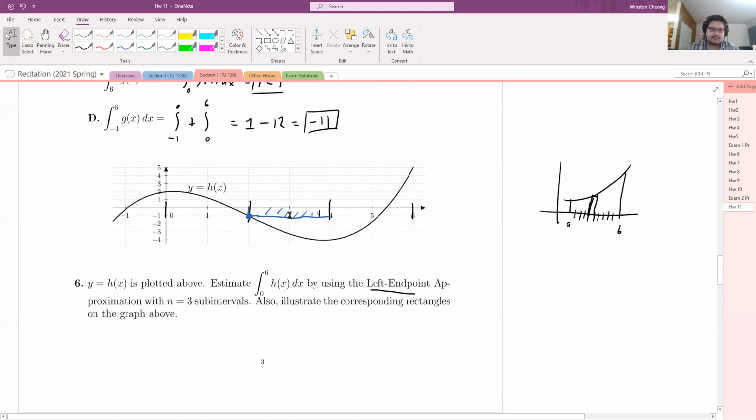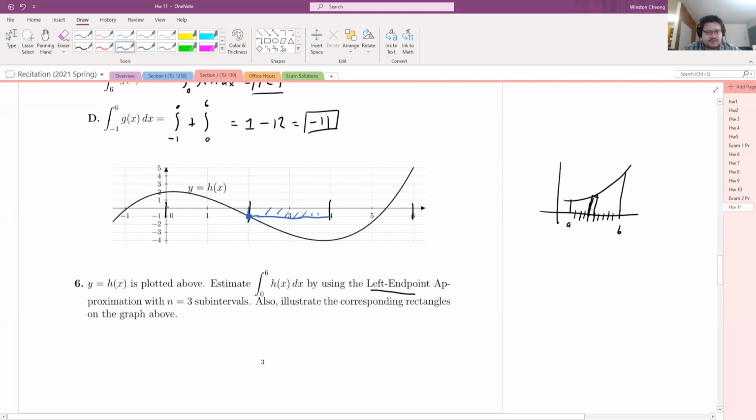So from 2 to 4, the midpoint would be 3. And then you could make the height of the rectangle be the value that you get at 3, which would be somewhere around there. So these are 3 different approximation methods. They're just ways of assigning a height to the particular rectangle in question. That's all that you need to take away from that.